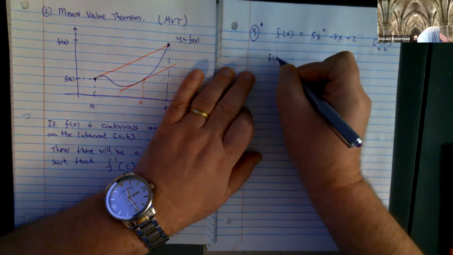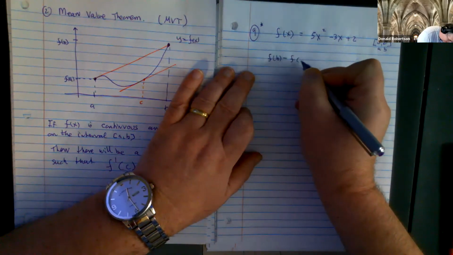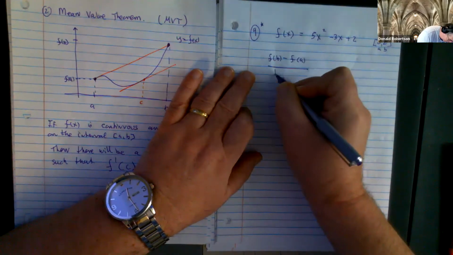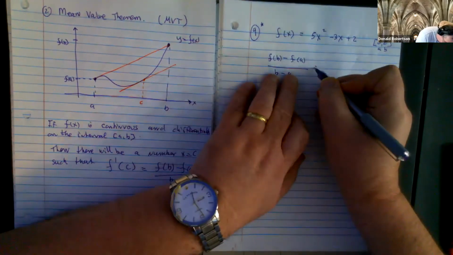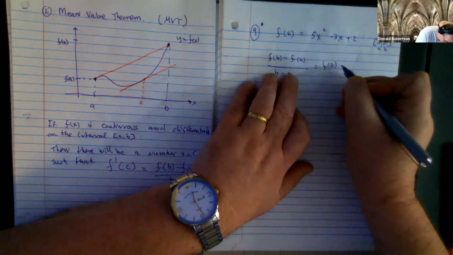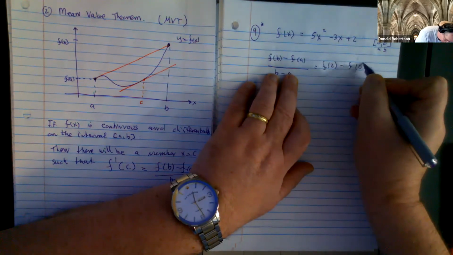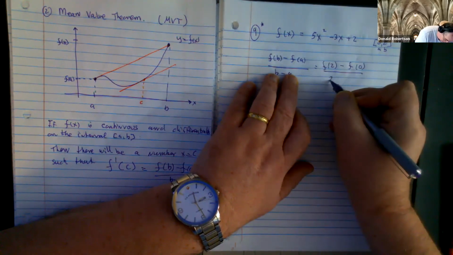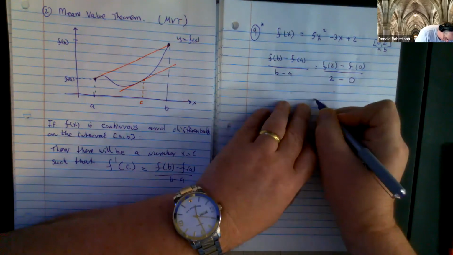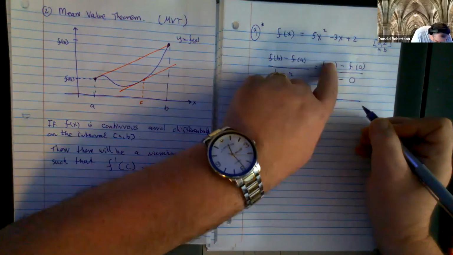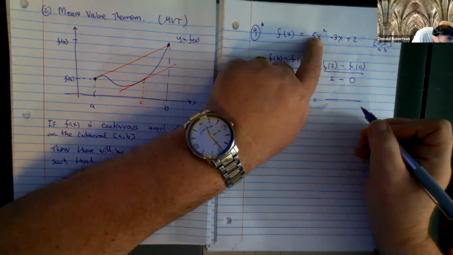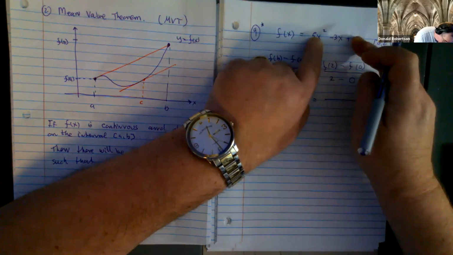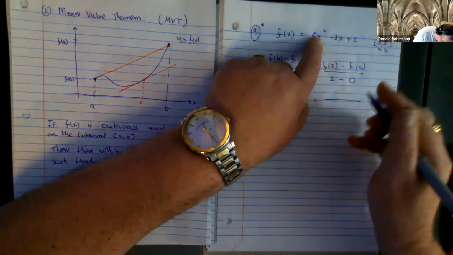I'm going to find the value of f of b take away f of a over b minus a. Let's get that as a number. So it's going to be the value of the function at 2, take away the value of the function at 0, divided by 2 take away 0. The value of the function at 2 is going to be 20, 22, take away 6, 16.